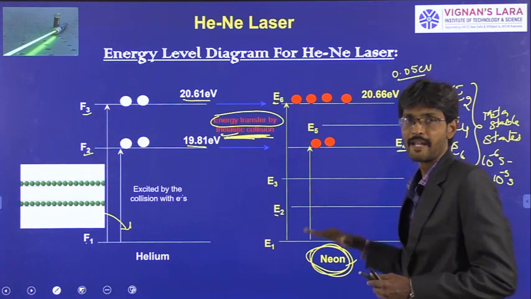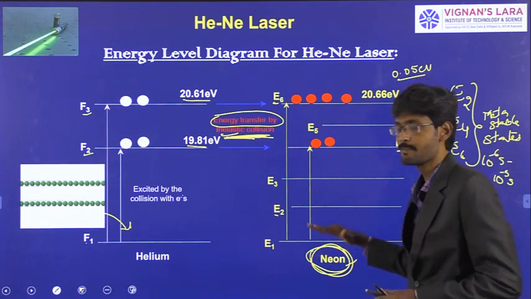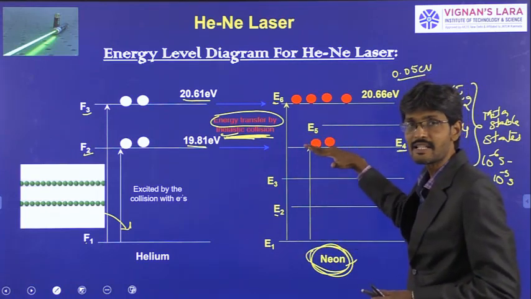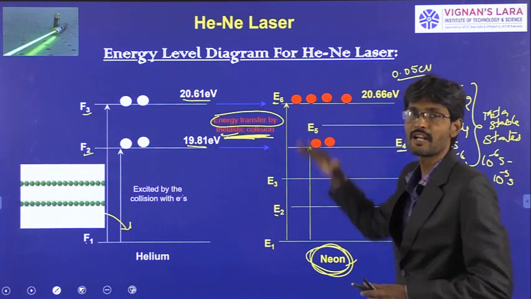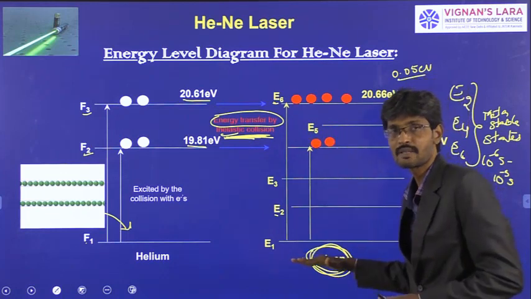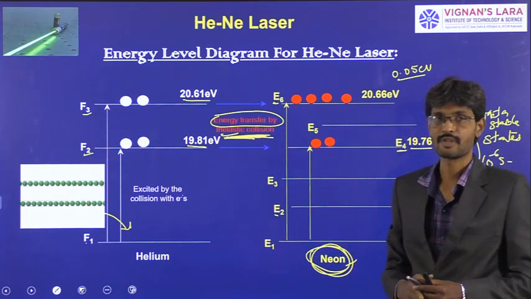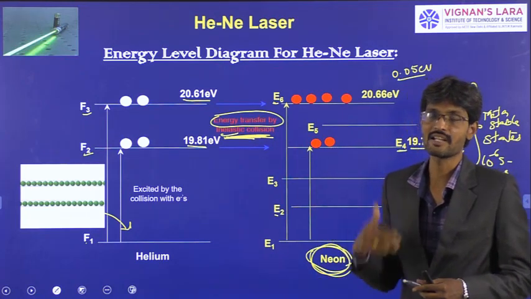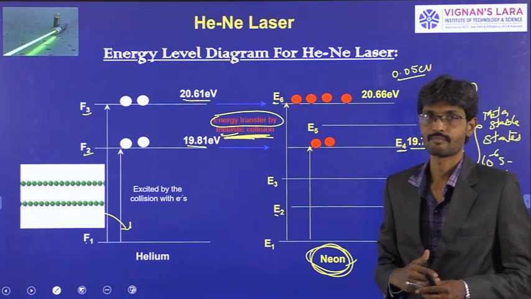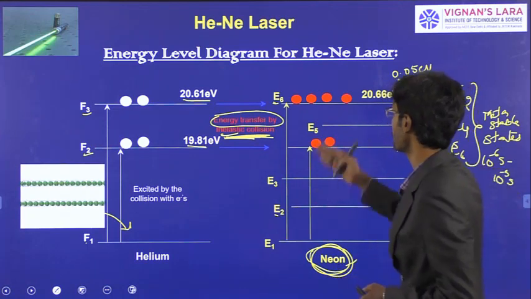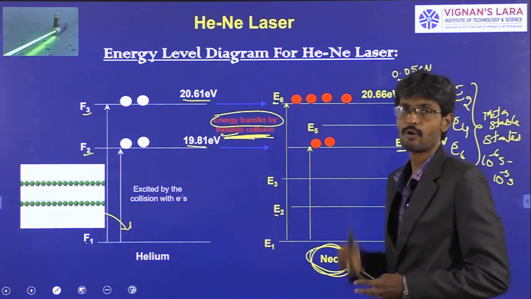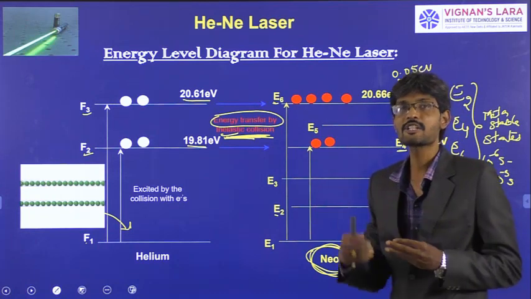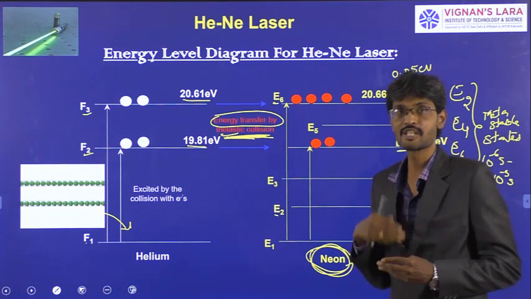That means the number of neon atoms will increase in energy states E4 and E6 as compared with E1 and other states. So there will be more population in E6 and E4. As more population builds up at E6 and E4, the condition of population inversion is achieved here.